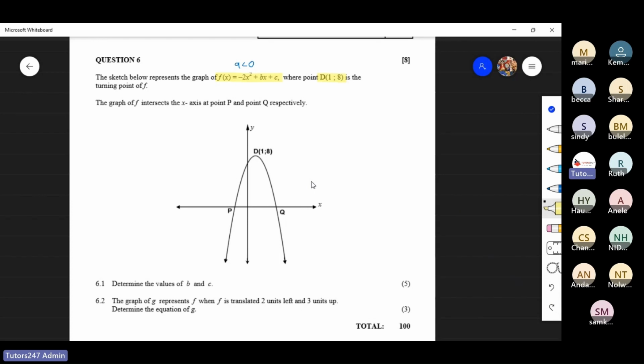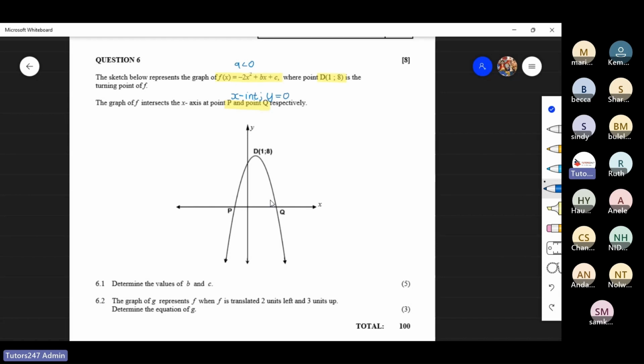Okay. Now, the graph of f intersects the x-axis at P and Q respectively. So P and Q are now our x-intercepts. Something important to take note of an x-intercept is that it is the point where the graph cuts the x-axis. Therefore, y is equal to 0.